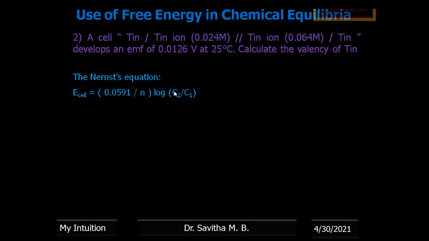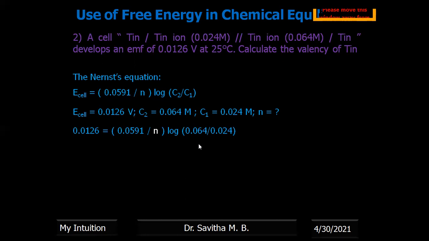We need to find out n because C2 is also given. C2 is the higher concentration and the lower concentration C1 is also given. The only thing is we have to find out the value of n. So rearrange and find out the value of n.